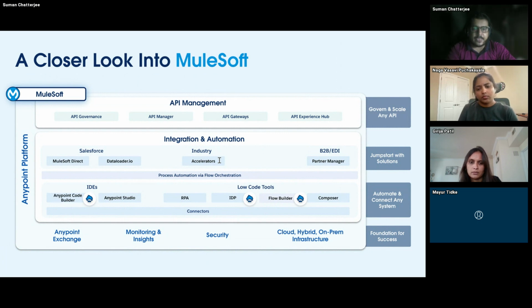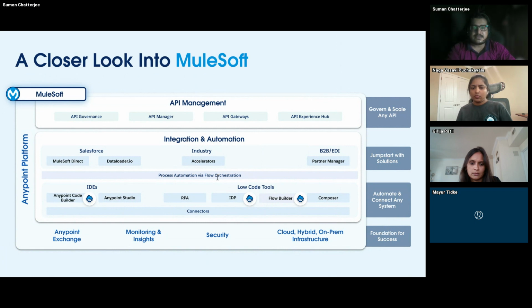Now, with that, MuleSoft also extends API management capabilities that ensure security and governance for all the APIs that you're creating. Now, this is basically a holistic collaboration wherein MuleSoft delivers industry leading end to end integration solutions and automation, as well as API management solutions.